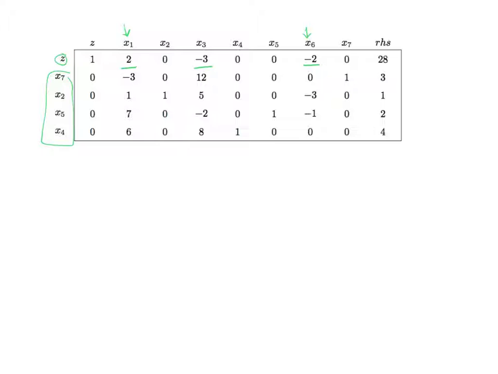So we can streamline this. All we have to do is remember what we did for x3. We just computed what's called the minimum ratio.